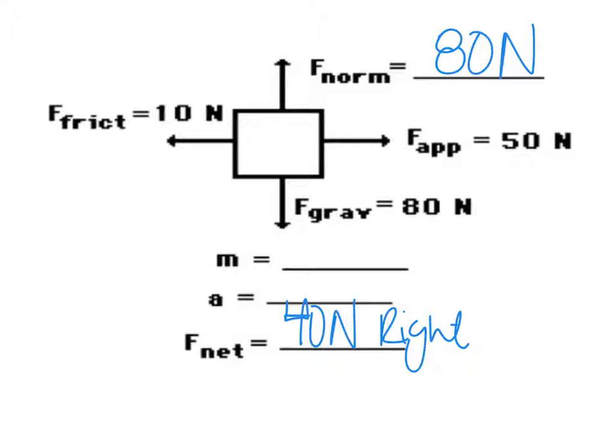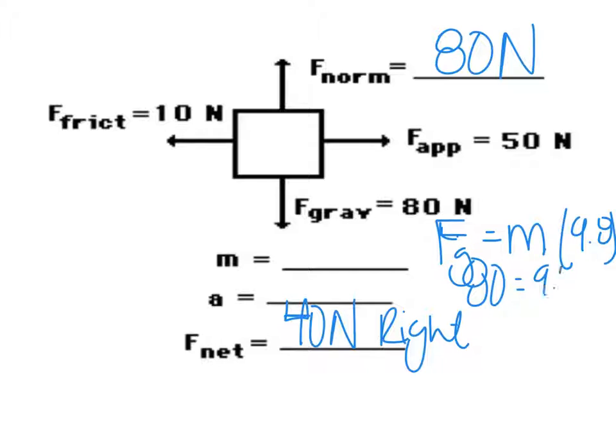So a force of gravity is what I'm going to use here. And then I'm solving for my mass, and I am using 9.8 because that's my acceleration due to gravity. So I have 80 equals 9.8 times my mass, and that is going to give you a mass of 8.16 kilograms as my answer.